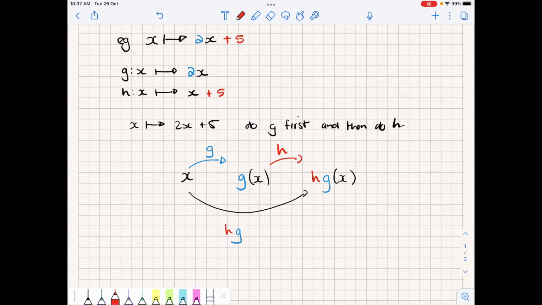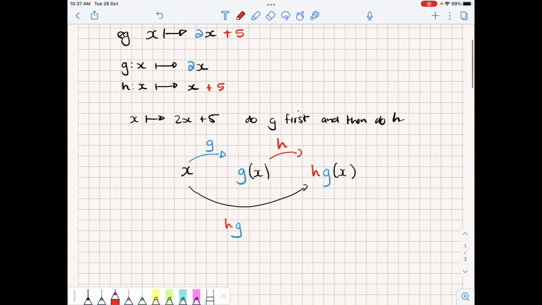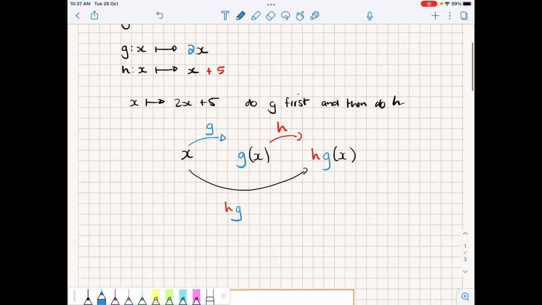So one of the important things when we're looking at function notation is the way that it's presented to us. So if we have our variable, for instance, x, and we have h, and then we have g, right? We always start from the letter closest to the variable.